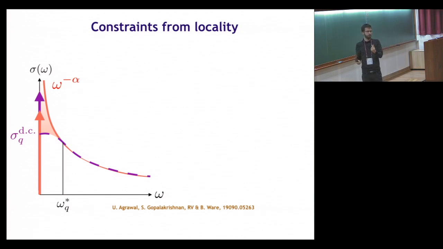That's by locality, and it's like you need to go to longer and longer times, so lower and lower frequency. So as you approach this irrational value, this Drude weight will lower. This DC value is actually going to blow up, and everything has to match, so the difference in Drude weight is precisely the shaded area here. And that's like conservation of spectral weight. Does that make sense? So that's the basic picture.